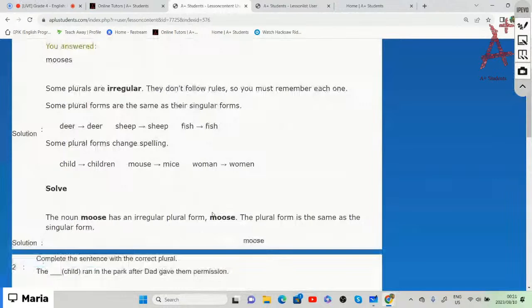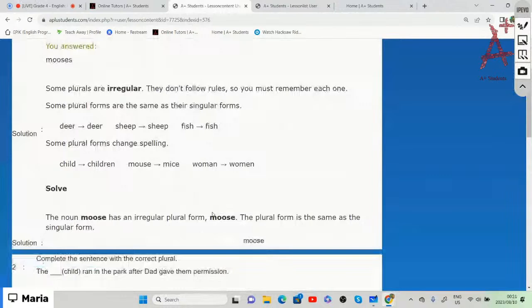One woman, more than one women. So either a few letters changed, or the word changed completely, which is the spelling. Some plurals even change the spelling of the words, and then we have some plurals that stay the same.